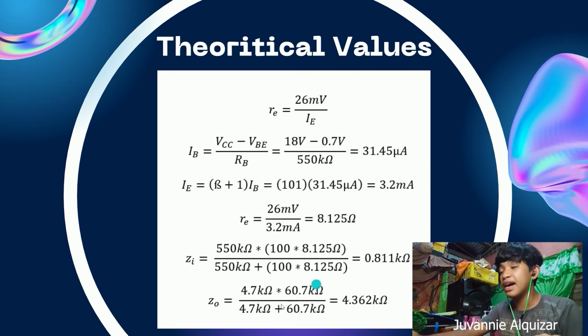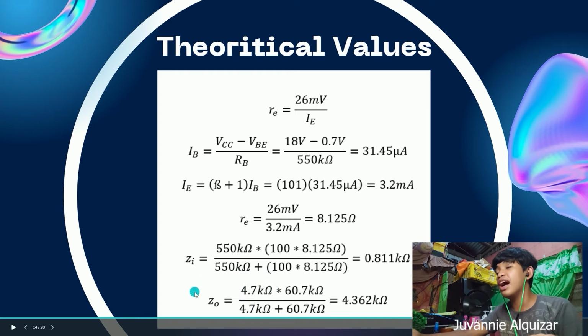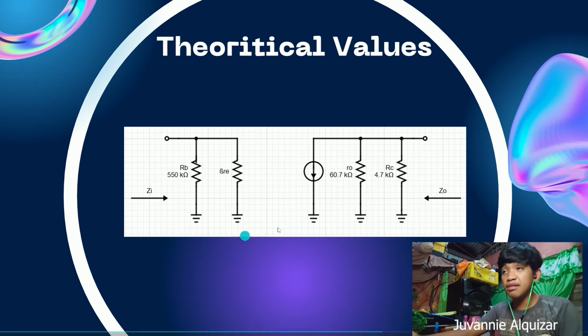Now, proceeding to the output impedance, to solve this part, it is actually similar to the input impedance because we just have to find the parallel equivalent resistance of these two components, which is the RO and RC, or the collector resistance.